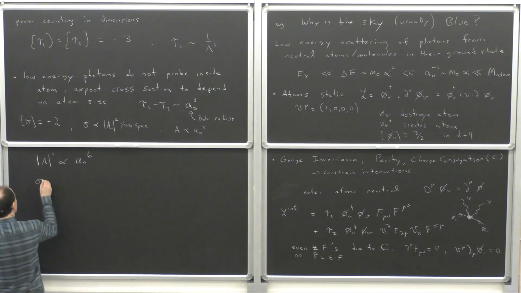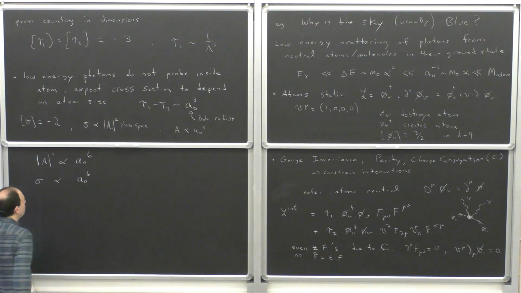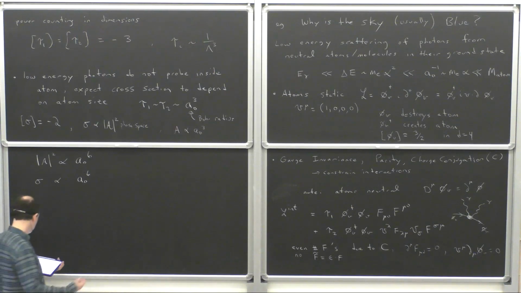And therefore, the cross-section is going to be proportional to A0 to the 6. And then the phase space and the rest of the dimensions just have to be made up by some dimensions in the low energy effective theory.